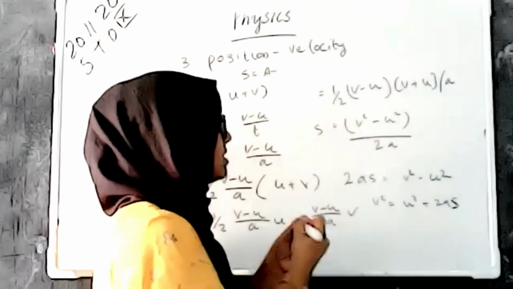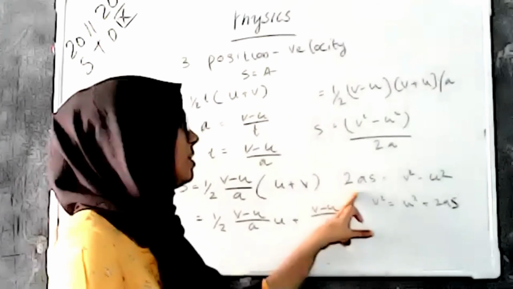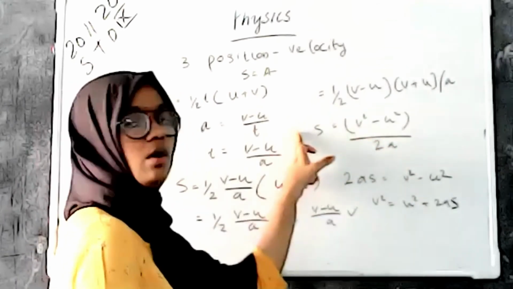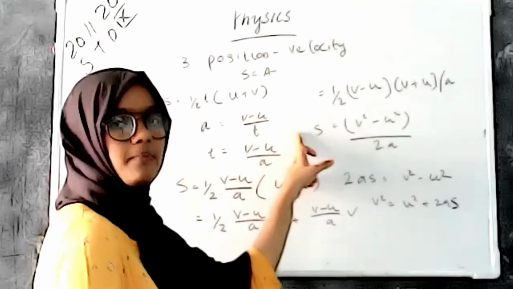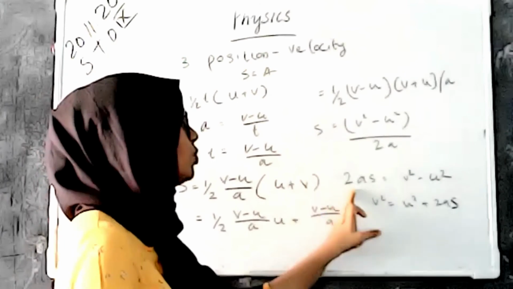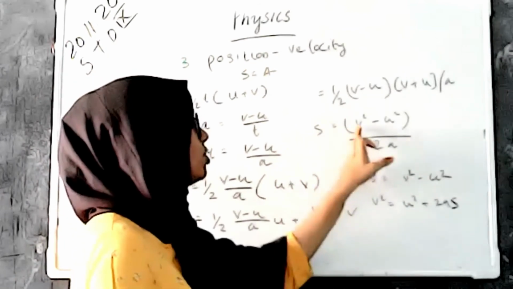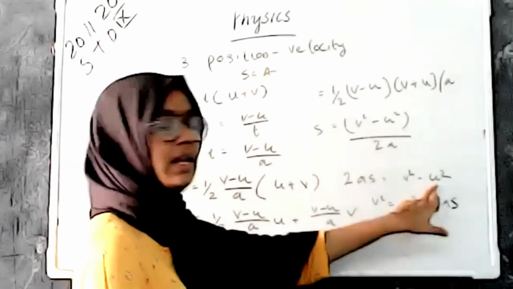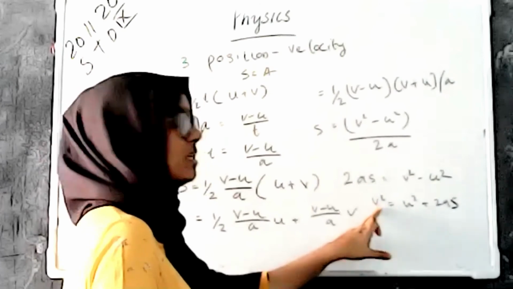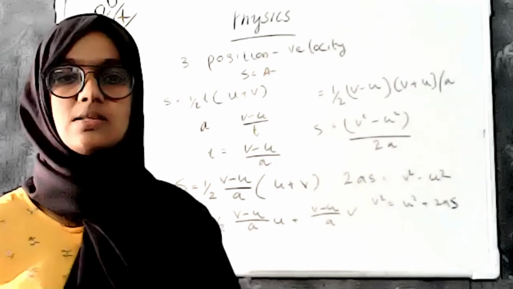With these substitutions and some rearrangement, the next step of the equation is that the 2a from the denominator comes to the right side. So the division becomes multiplication, and it becomes 2 into as, which is equal to v square minus u square. Another rearrangement changes the equation to v square is equal to u square plus 2as.